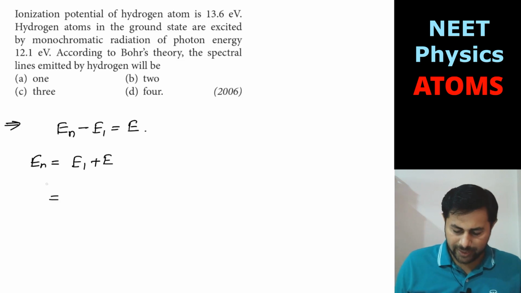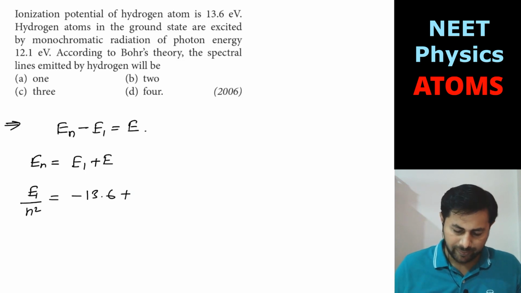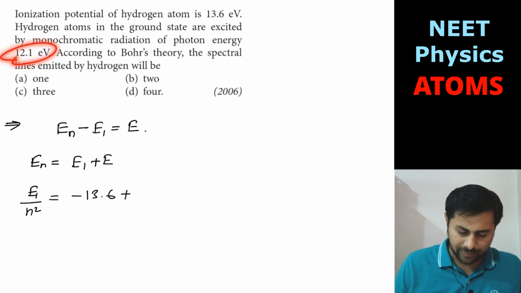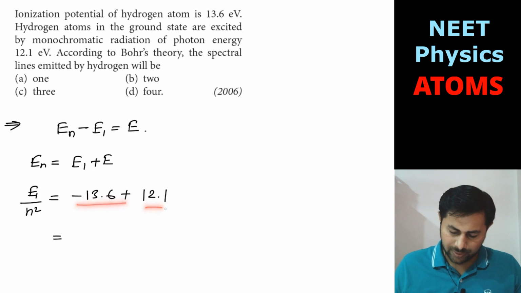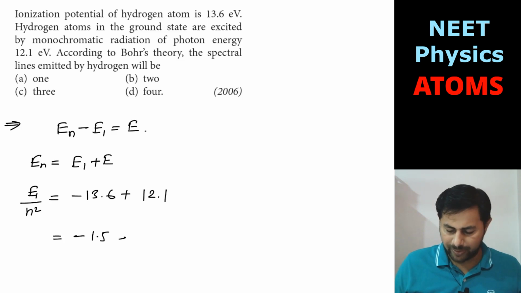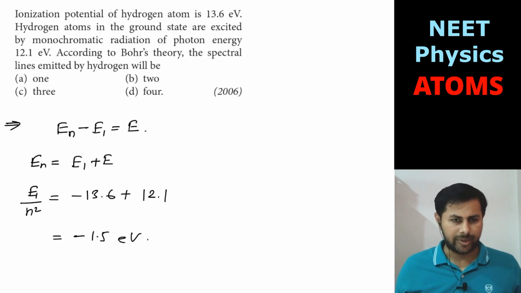So En is E1 divided by n square, and that's equal to minus 13.6 plus 12.1. Put that here. So this is equal to minus 1.5 electron volts.